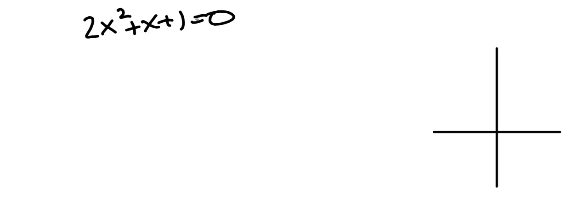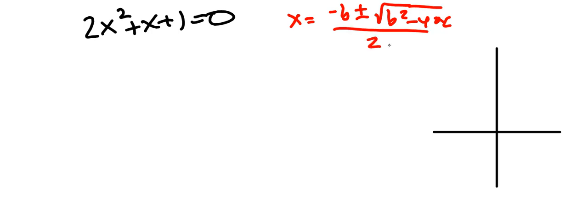So we don't have any factors to work with here, so we're just going to have to use the quadratic formula. Remember, x is equal to negative b plus or minus the square root of b squared minus 4ac over 2a.